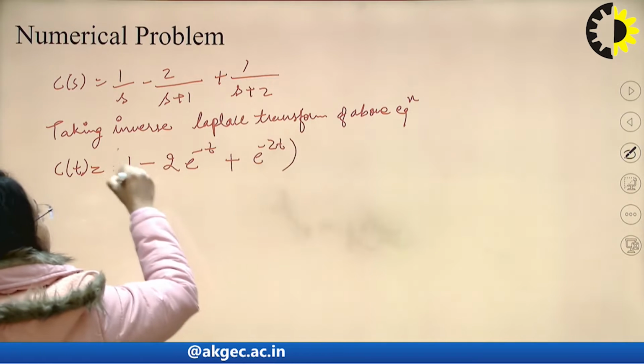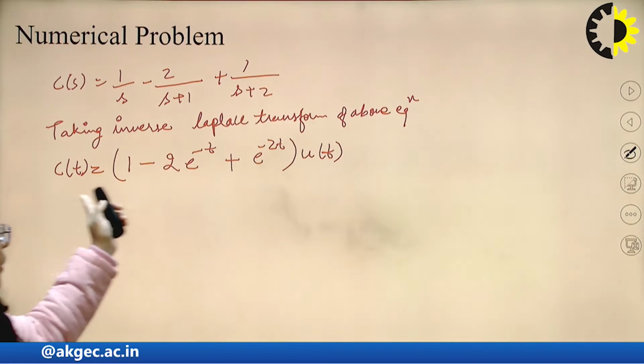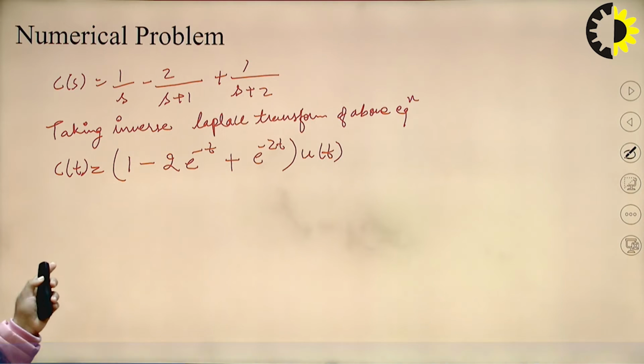You can directly write it as multiplied by u(t). So this will be the time response of the system which was given in the previous question.